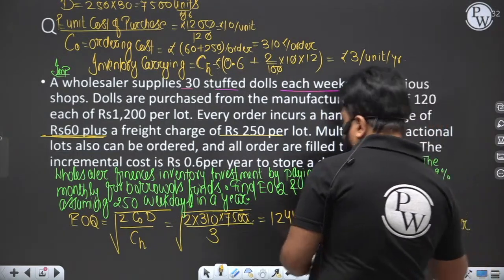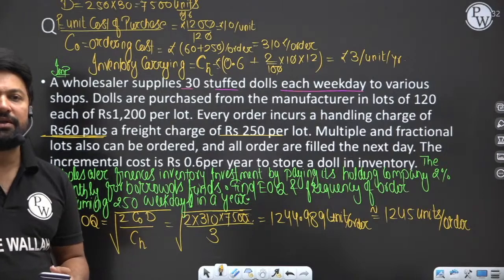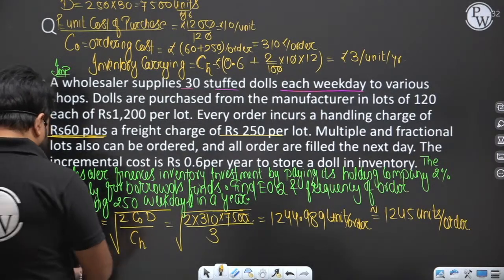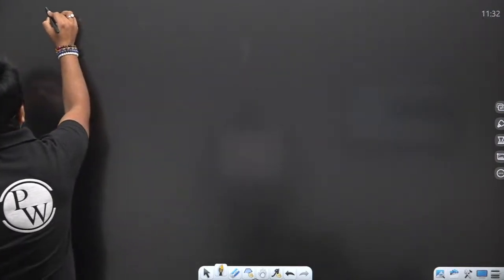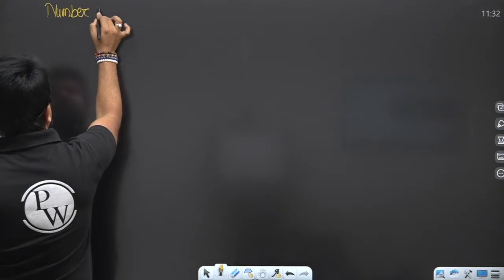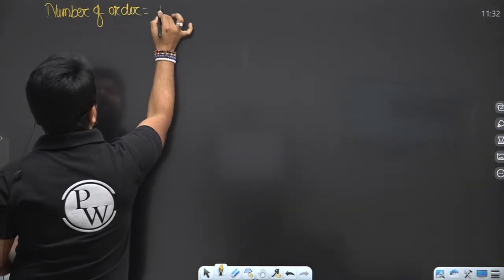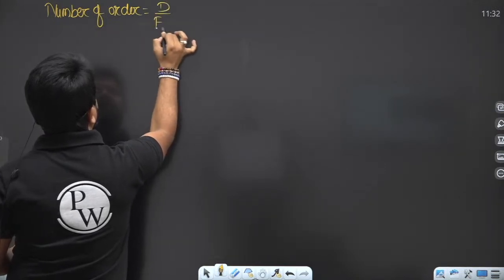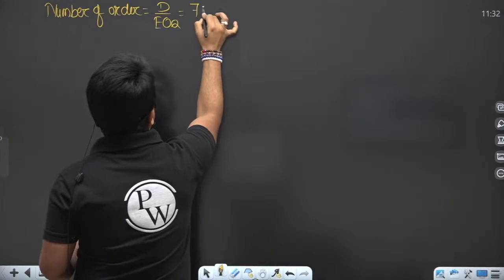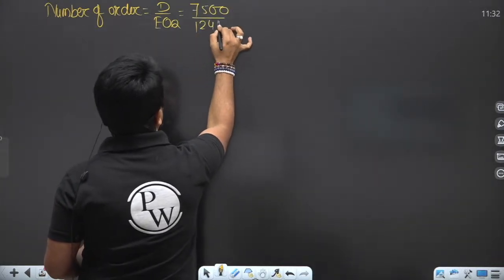Now once you get the order quantity, you have to find the number of orders. The number of orders is demand divided by economic order quantity. Demand is 7500, economic order quantity 1245.